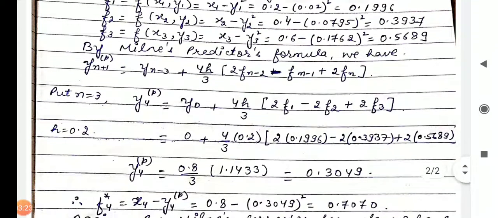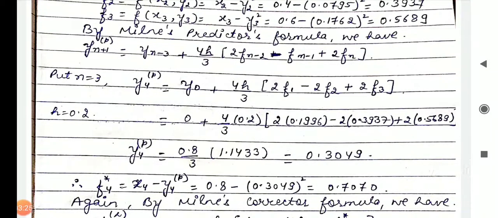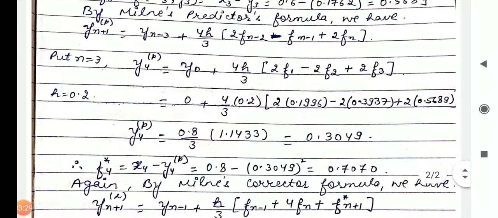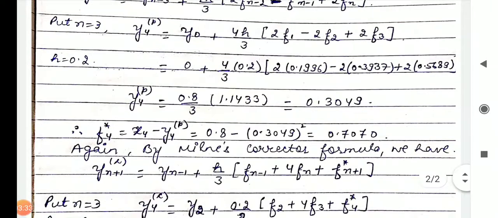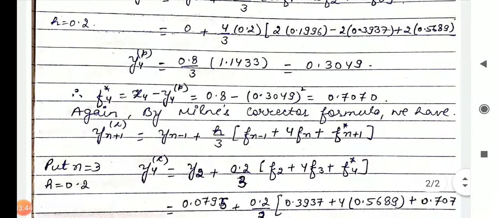The value of h is 0.2, so we have calculated the predicted value of y4 as 0.3049. Again we have calculated f4 star by using the predicted value of y, so it is 0.7070.